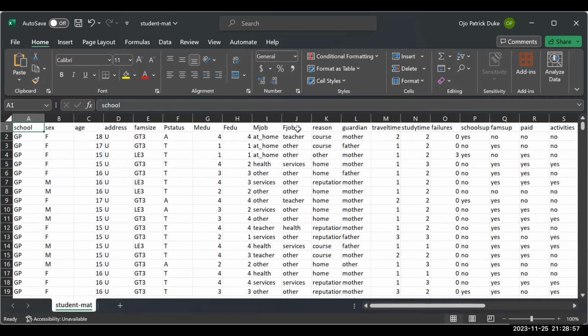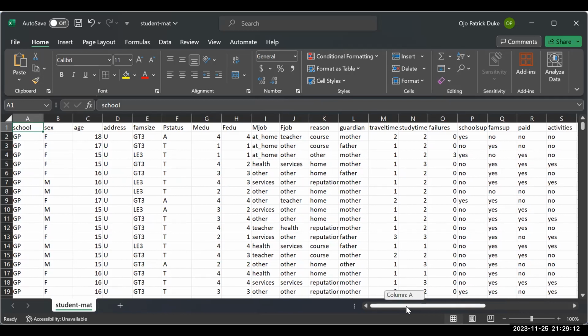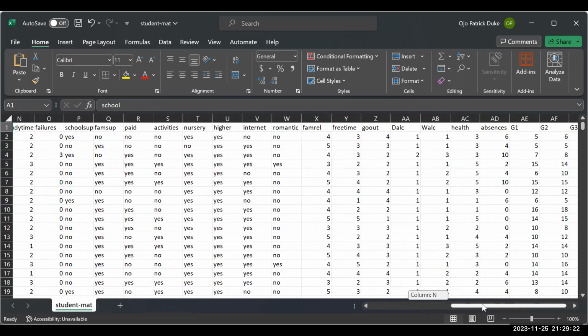All of these have names, all right? M job, mother's job, father's job, reason of something, guardian, who is your guardian, travel time to school, I think, study time of the student, how many failures, schools up, you know, all kind of information that are here.